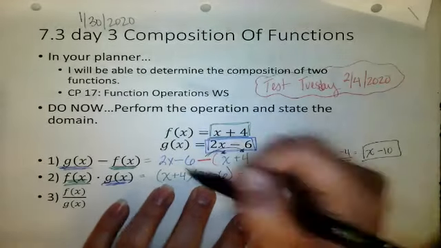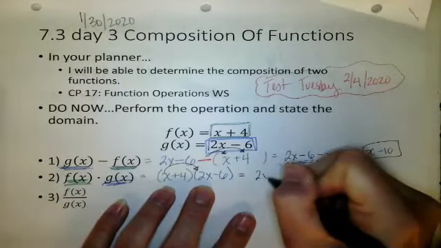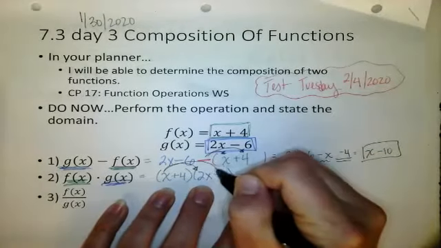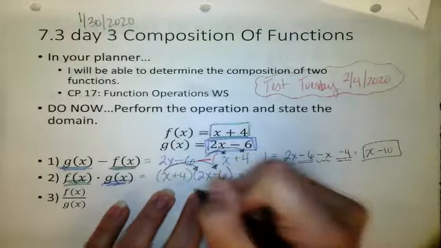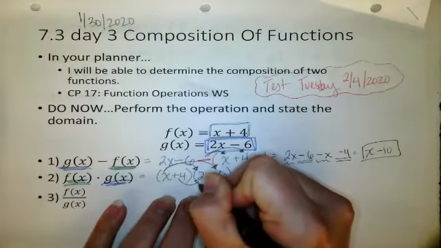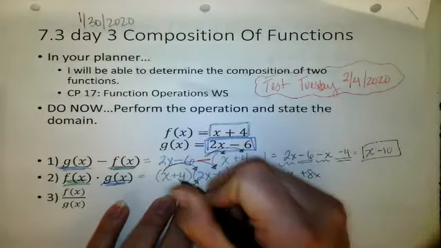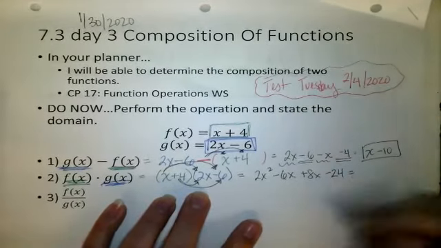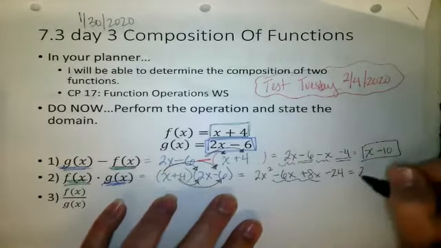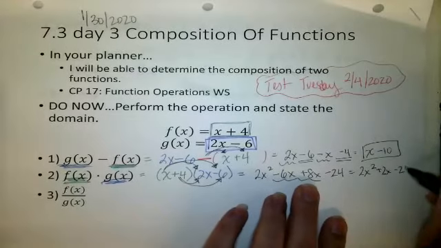So I'm going to multiply x times 2x gives me 2x squared. X times negative 6 gives me negative 6x. 4 times 2x is positive 8x. And then 4 times negative 6 is negative 24. Okay. Combining like terms, we get 2x squared plus 2x minus 24.